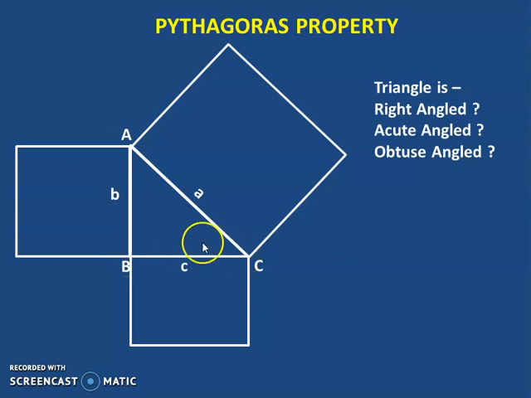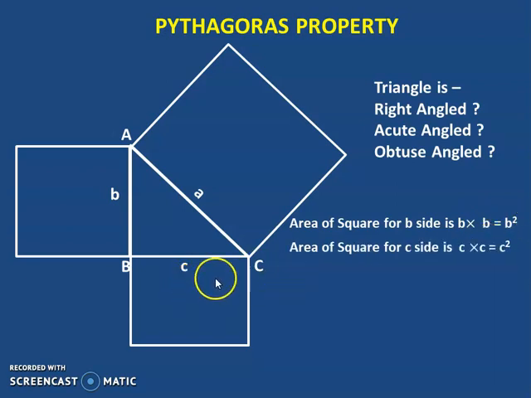Now we find the area of the squares on all sides. The area of the square on side B is B multiplied by B, which is B square, as we know about the area of a square. The area of the square on side C is C square.